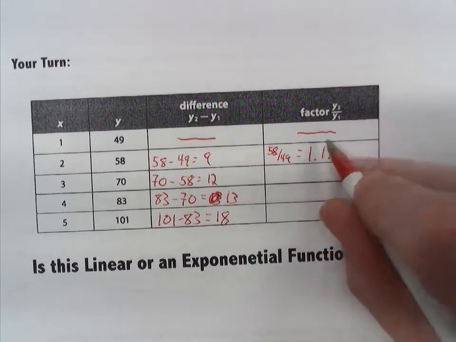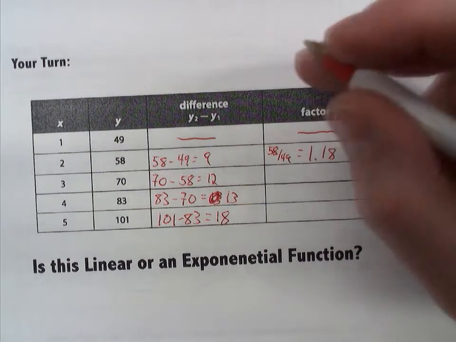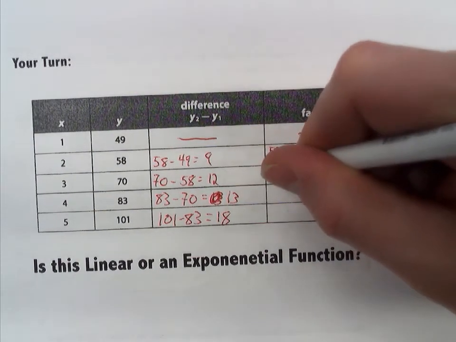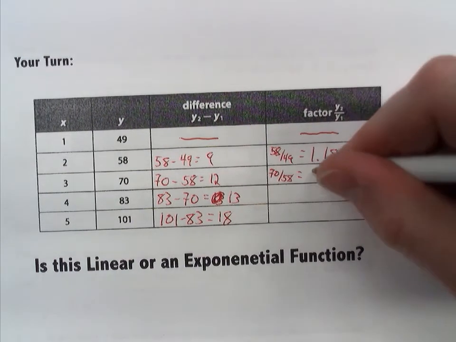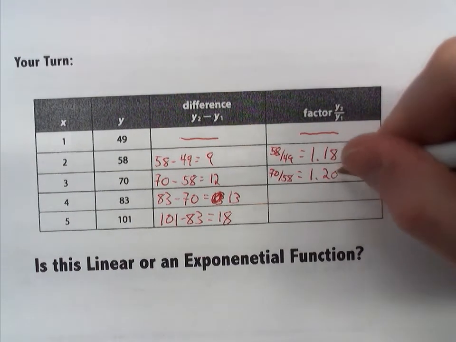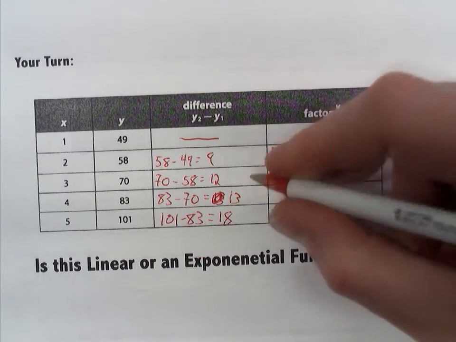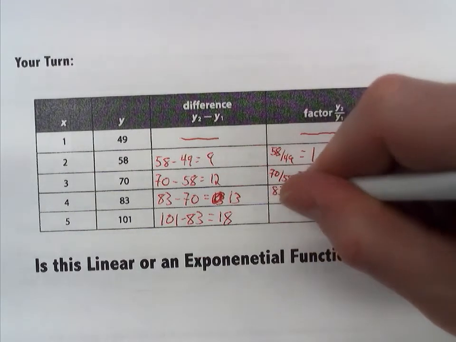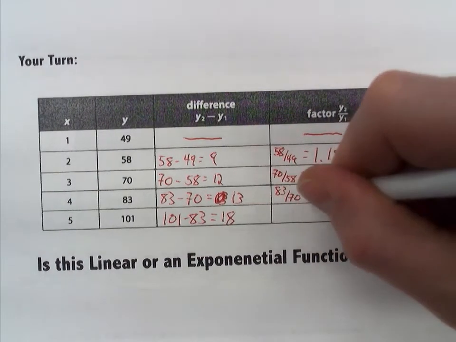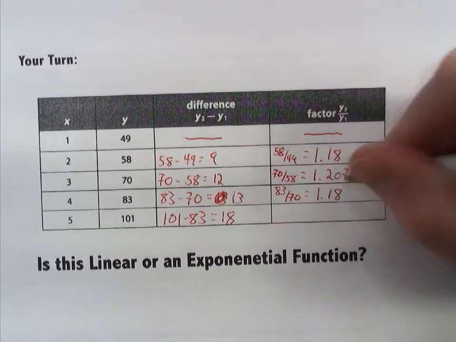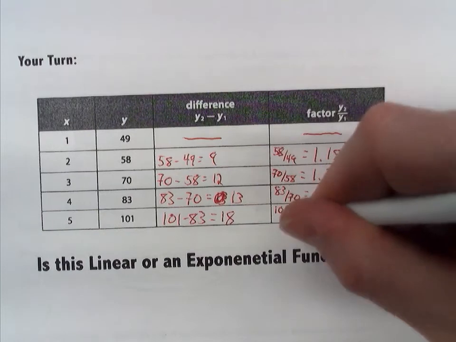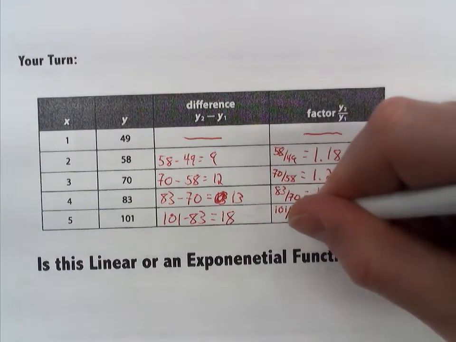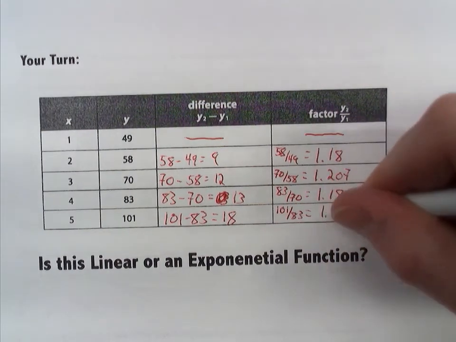These are the ratios by how much it's going to change. 70 divided by 58 equals about 1.207. 83 divided by 70 is about 1.18 again. 101 divided by 83 is equal to about 1.22.